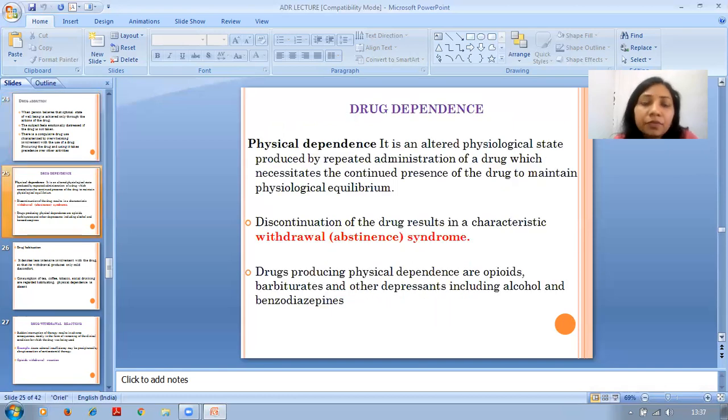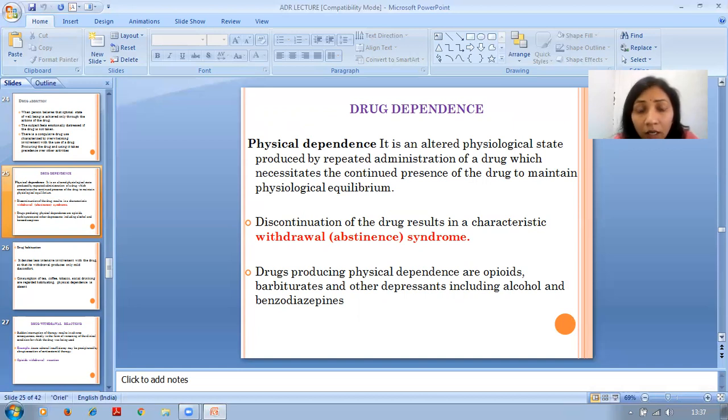Drug dependence, physical dependence. What is physical dependence? It is an altered physiological state produced by repeated administration of a drug, which necessitates the continuous presence of the drug to maintain physiological equilibrium.